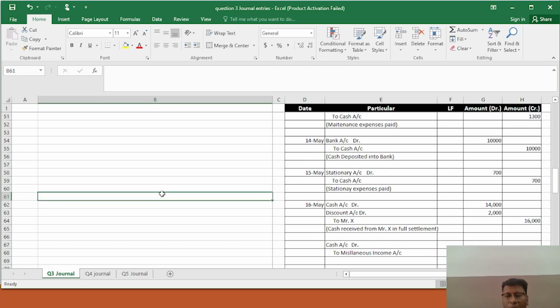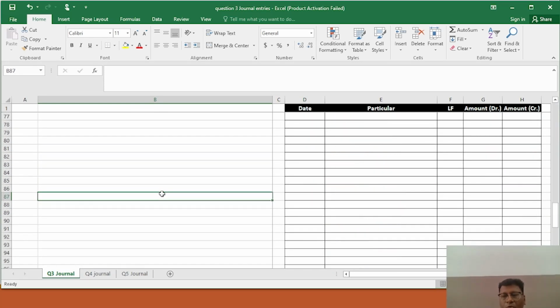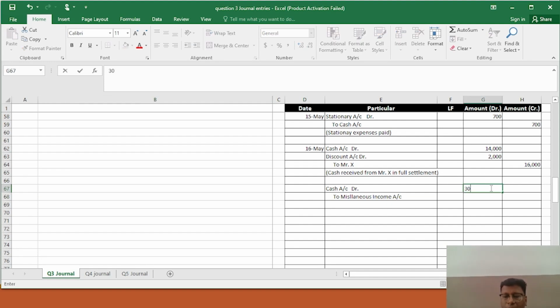And what was the amount? 300 was given to you, old newspaper 300. So you have to mention rupees 300 on the debit side and also on the credit side. The date is the 17th of May, and the narration would be: old newspapers sold.